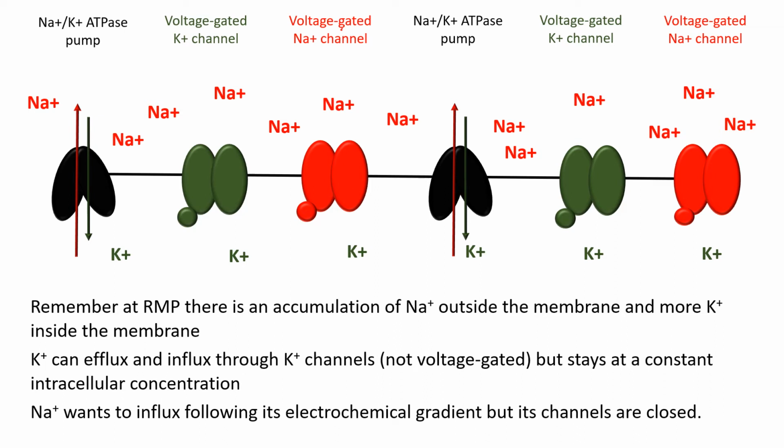This potassium can efflux and influx through the potassium channels. These are different channels to the ones we're seeing here. These are not voltage-gated, they're just potassium channels. But that intracellular concentration stays constant through this equal 1 in, 1 out. Sodium, Na+, wants to influx following its electrochemical gradient, but while the channels are closed, it can't.